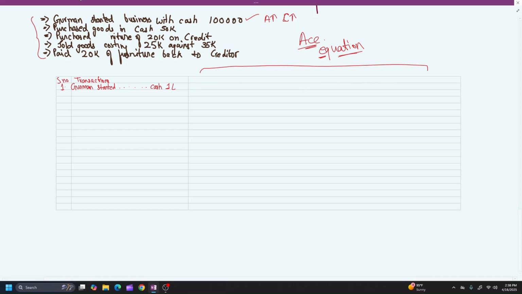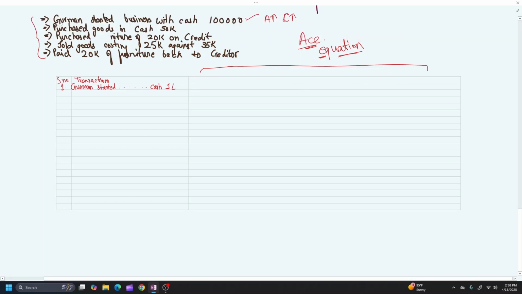Assets equals to liability plus capital. Cash column बनाया, write 1 lakh there. Now asset increase हो रहा है, capital भी increase हो रहा है. So 0 here, so you will write nothing here. 0 plus 1 lakh. ठीक है.